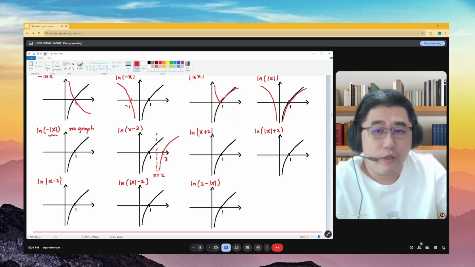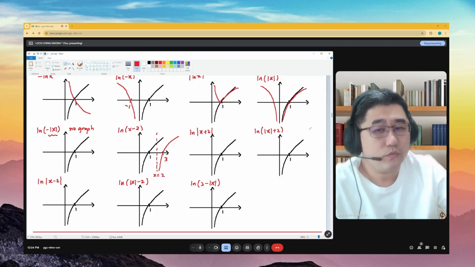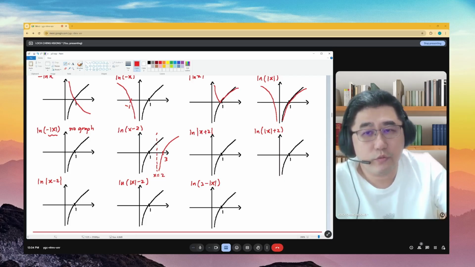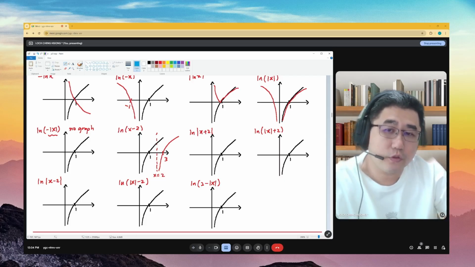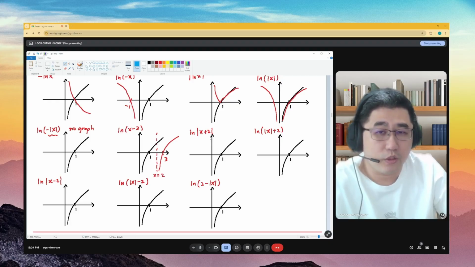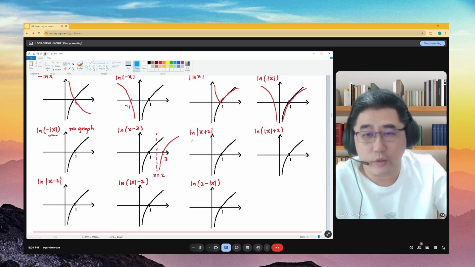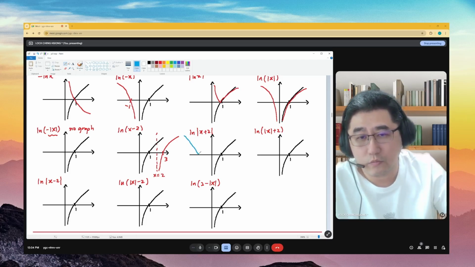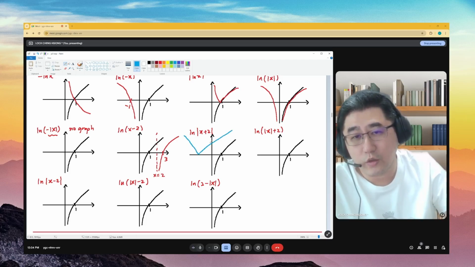If you have a Ln of modulus x plus 2, like this, okay. So how to actually draw this graph? We might need some help. First of all, we need to draw the modulus x plus 2 graph to understand how it works. So the modulus x plus 2 graph will look like this. You have a 2 here, you have a -2 here.